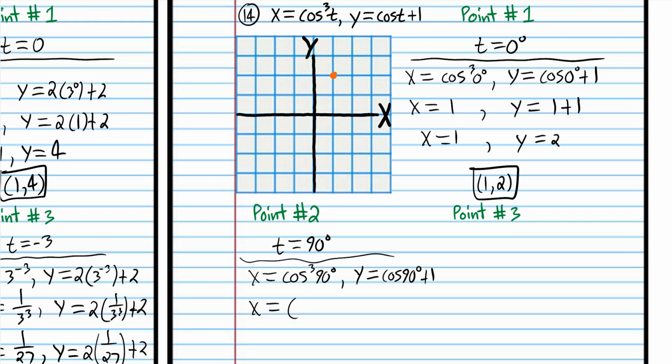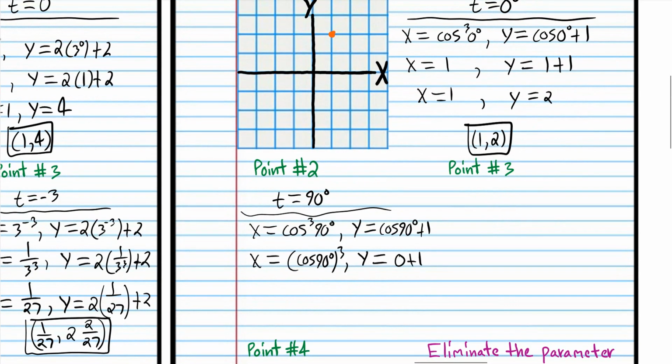Remember, that's the same thing as cosine 90 degrees cubed. So we have 1 plus 1. Wait, excuse me, it's 0. 0 plus 1. Cosine 90 degrees is not 1, it's 0. I think I said 1, I meant 0. So the point is 0, 1. So we have another point there.